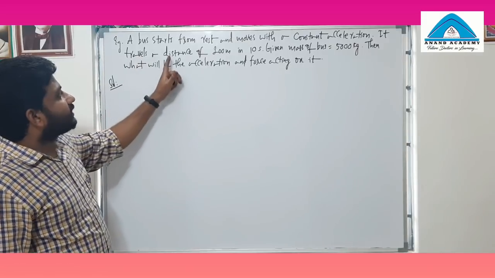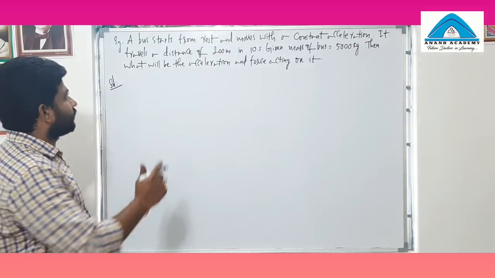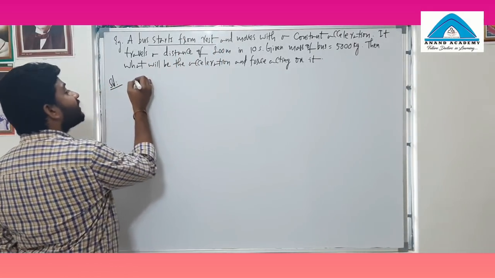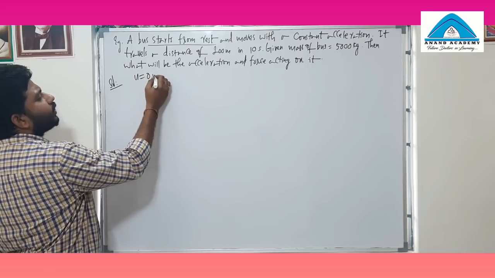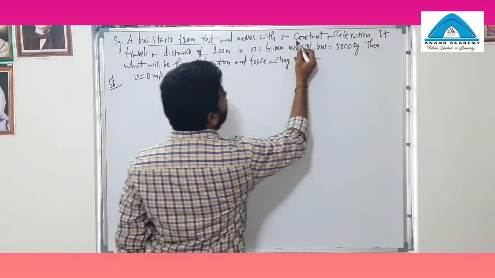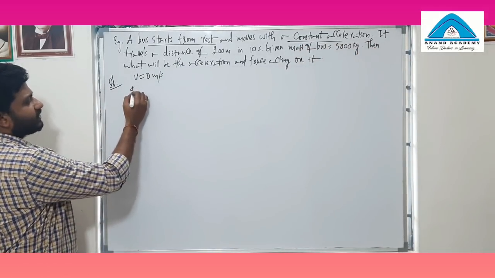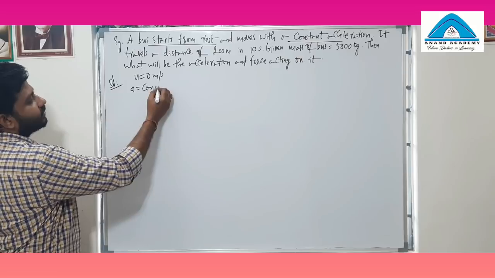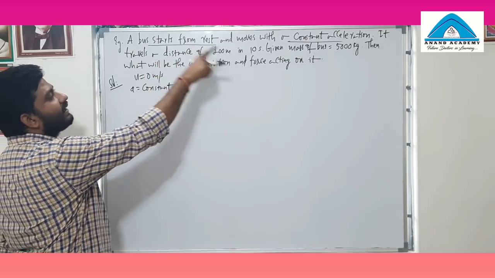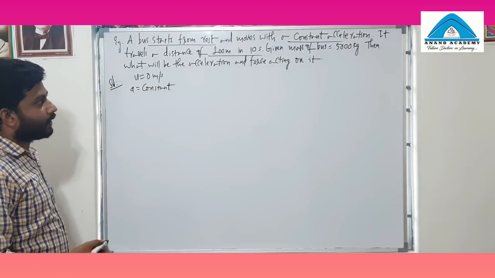A bus starts from rest. Bus is starting from rest. Means what? Initial velocity is 0 meters per second. And it's moving with a constant acceleration. So the acceleration is given as constant. Now it is traveling a distance of 200 meters in 10 seconds.